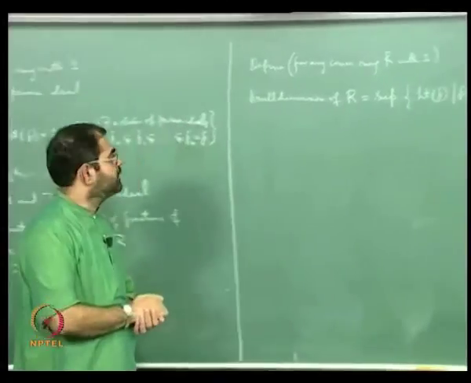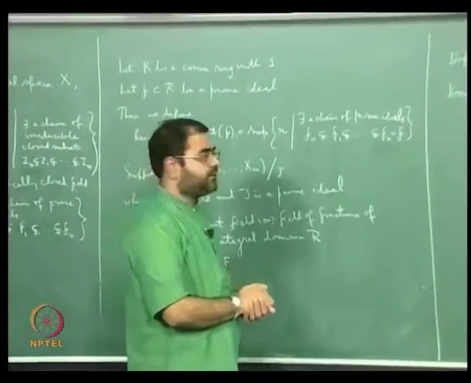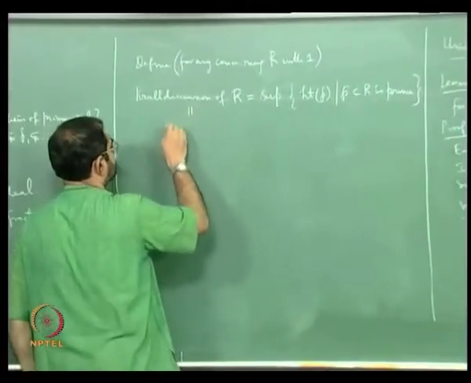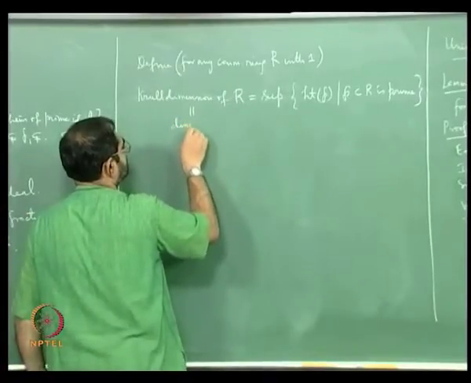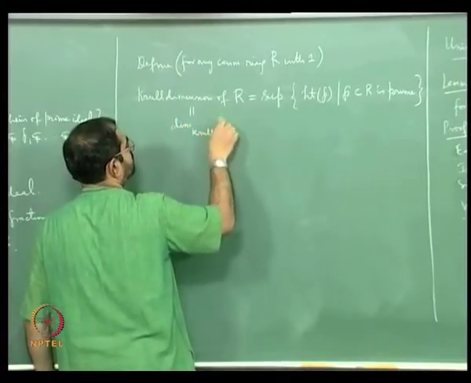Call this the Krull dimension, and the notation for that is dim Krull R.